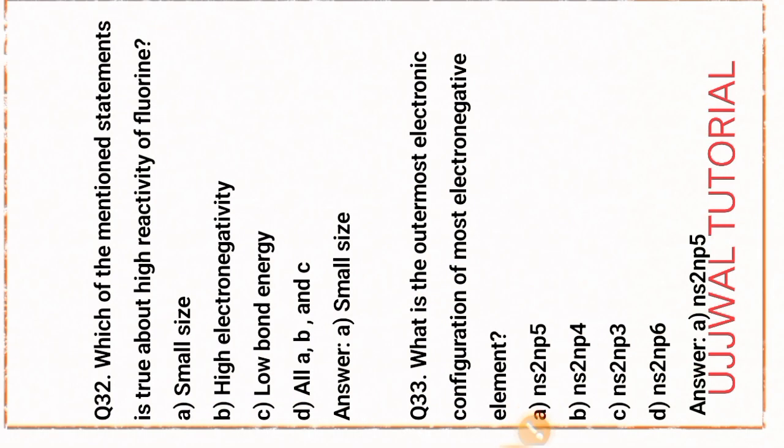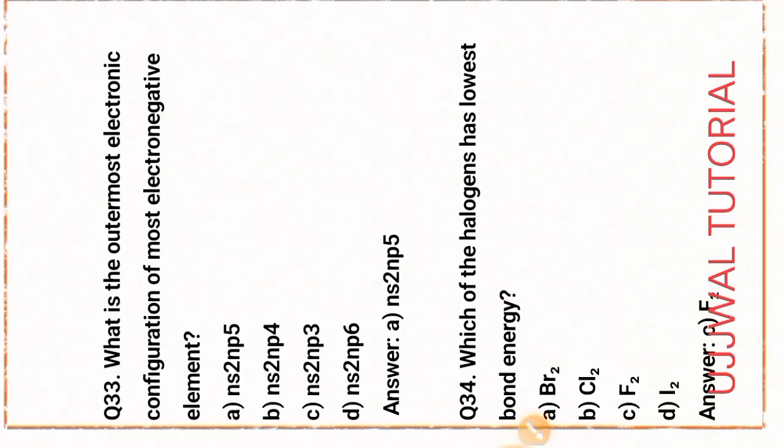Next question, number 32. Which of the mentioned statements is true about high reactivity of fluorine? That is option A, small size. Okay, that is the proper answer for this part. Next question number 33.